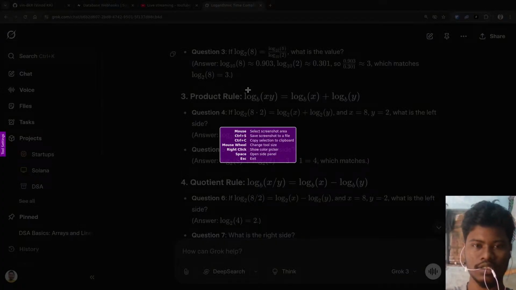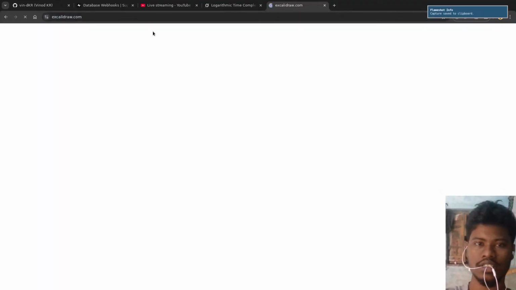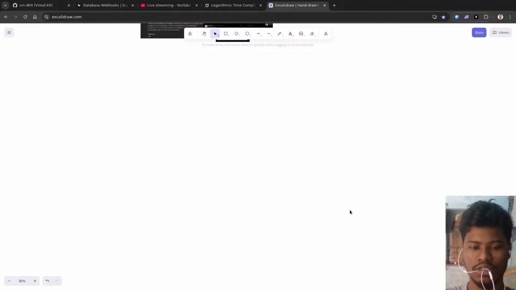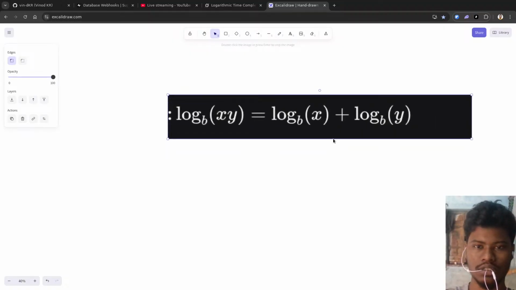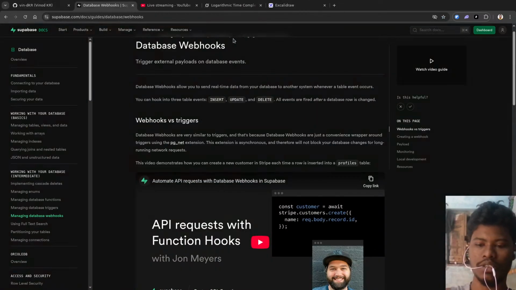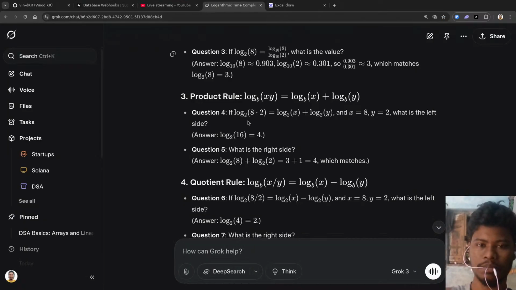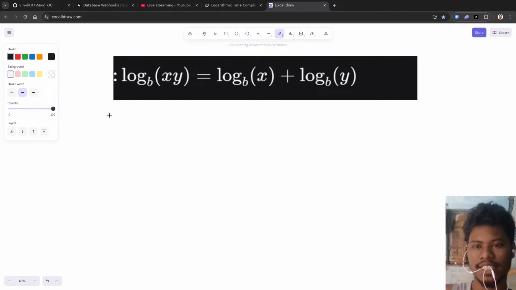Let's check this. Let's solve it. x is 8 and y is 2.